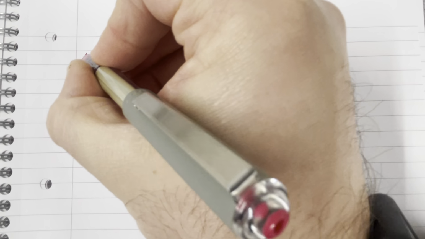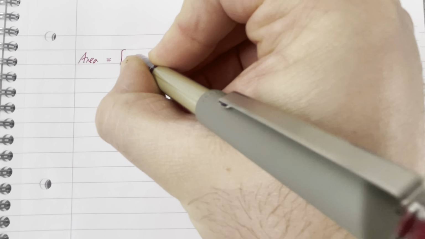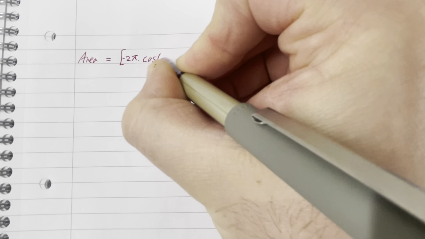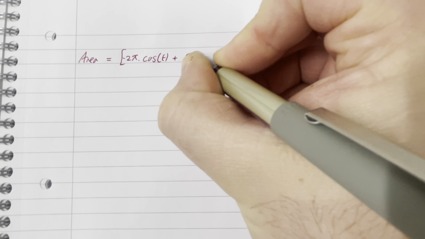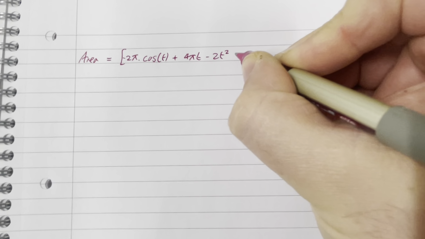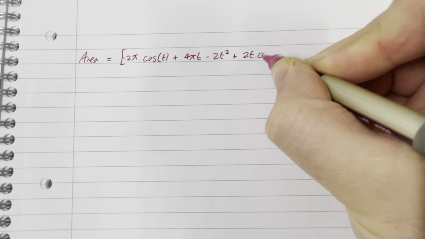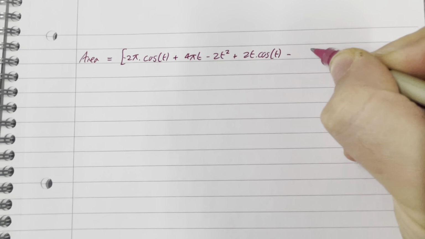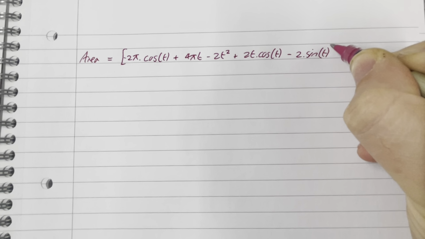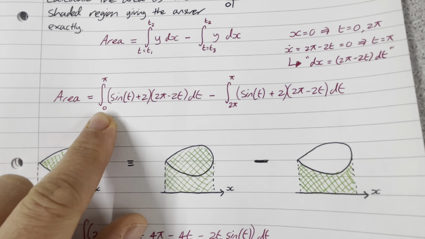So my area then is going to be equal to minus 2 pi times the cosine of t plus 4 pi t minus 2t squared plus 2t times the cosine of t minus 2 times sine of t. And that is evaluated, my first integral, between 0 and pi.